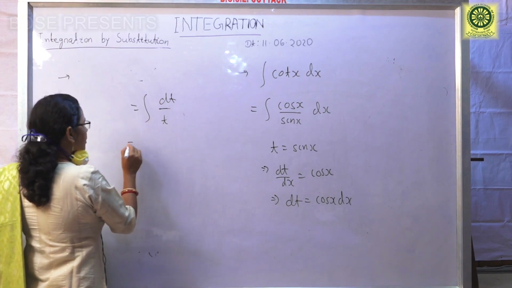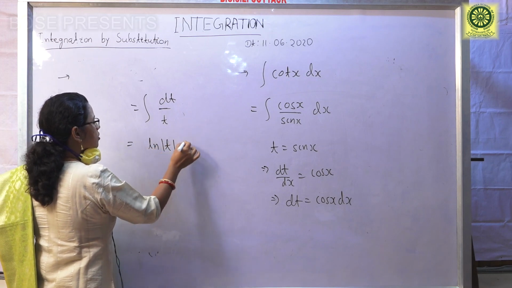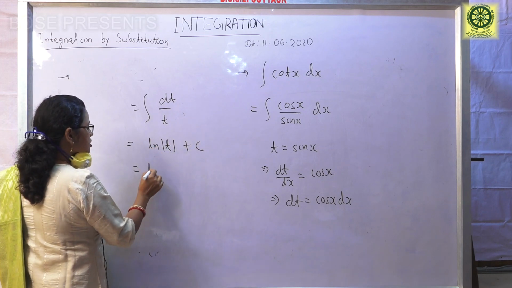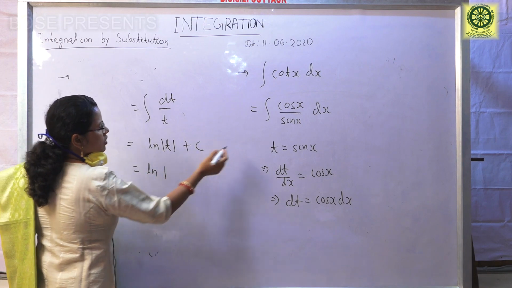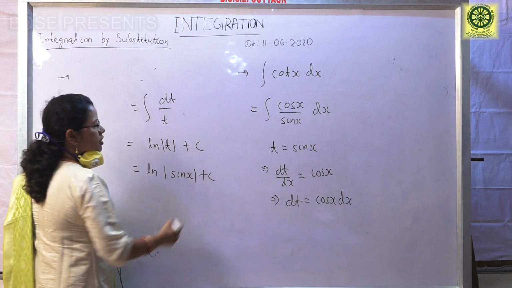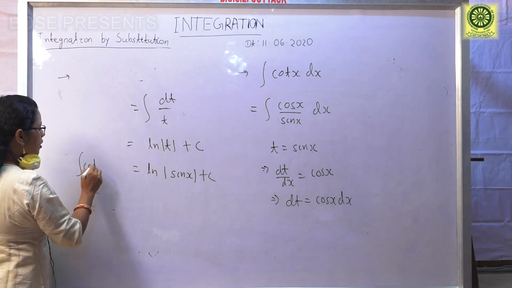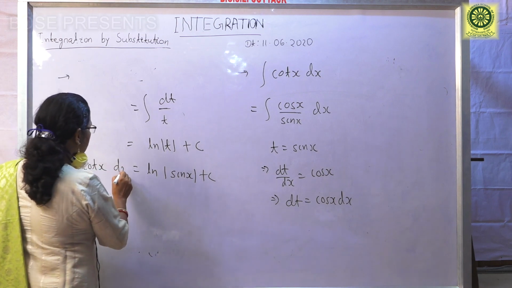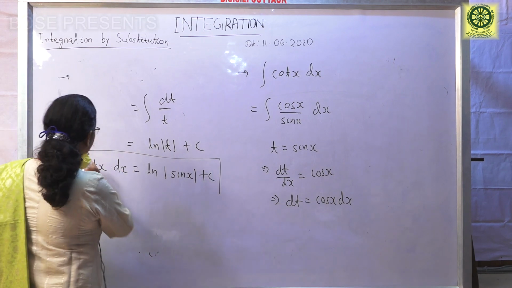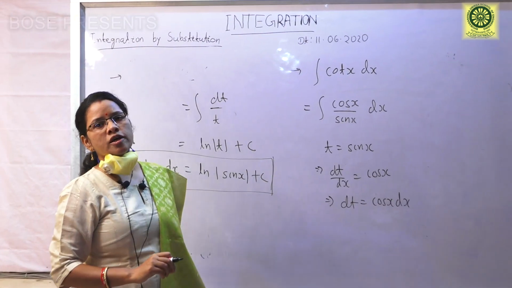The integral is ln mod t plus c. Then just replace t by sin x. So here we have found that the integral of cot x with respect to x is ln mod of sin x plus c.